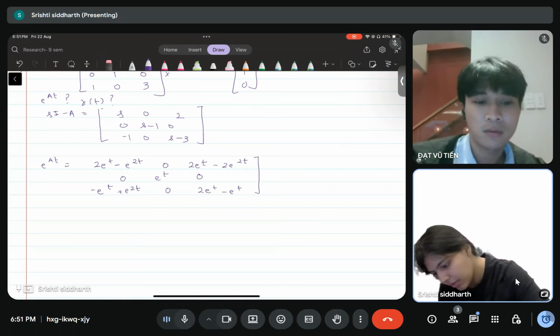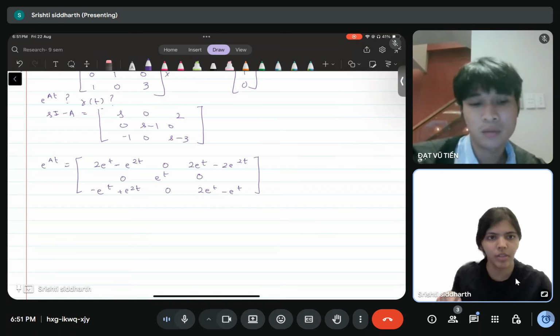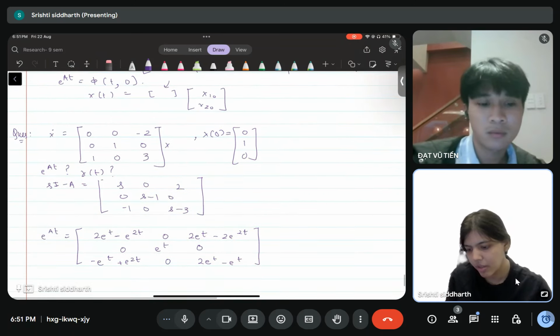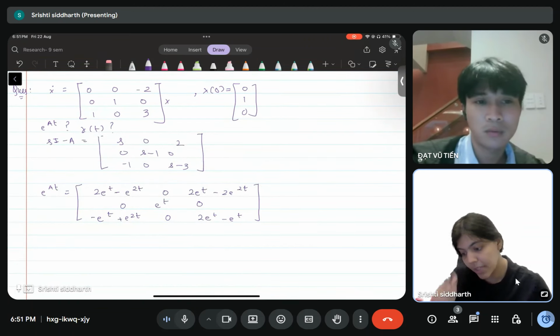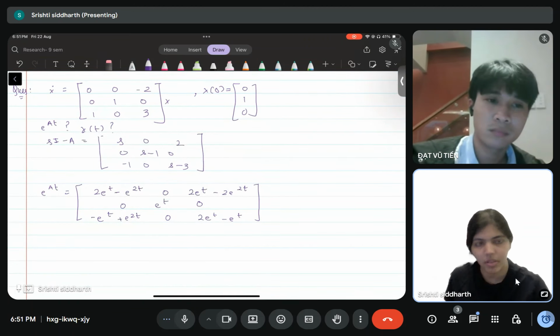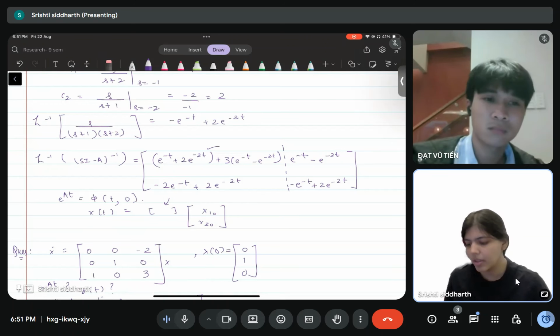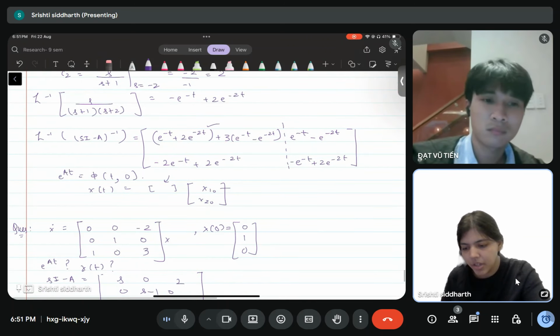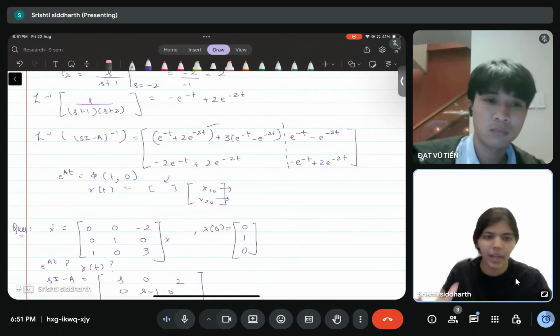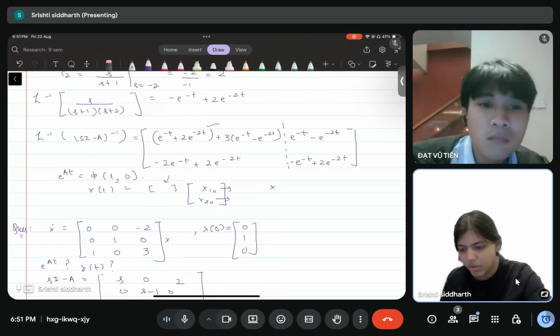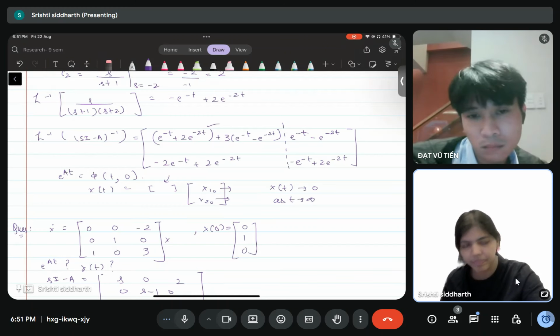So there's a difference between the matrix exponential of this question and the previous one. So you can observe that the exponential powers are positive, and in the previous one these were negative, right? So in the previous case, for any initial condition, if you multiply by this, the solution would go to 0 as t tends to infinity, right?